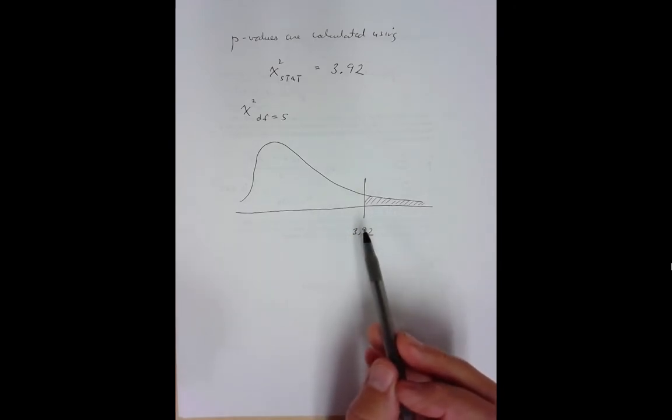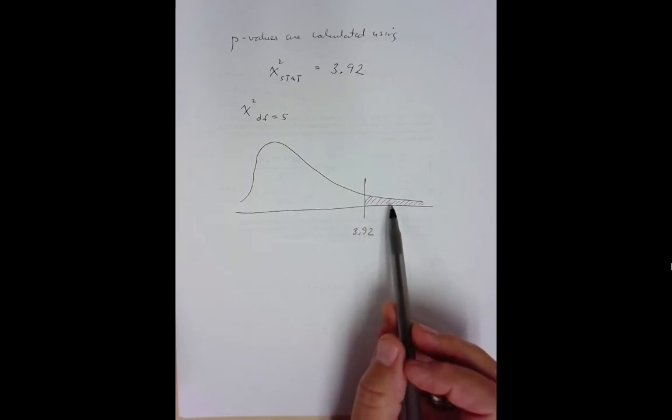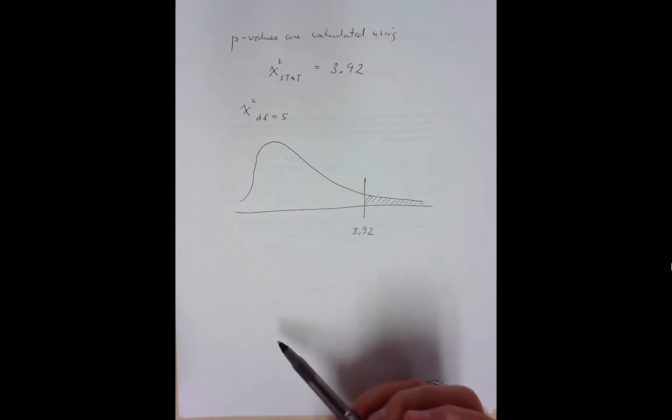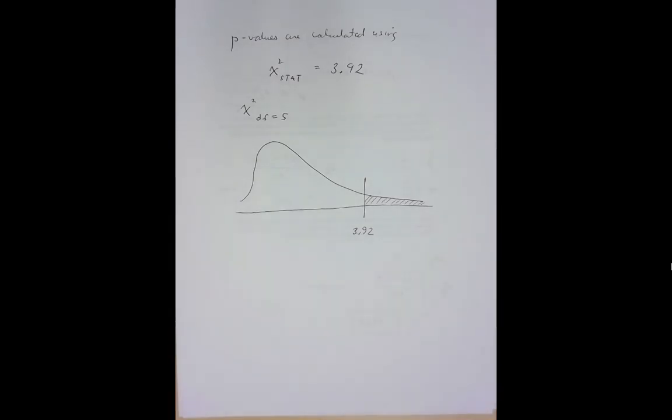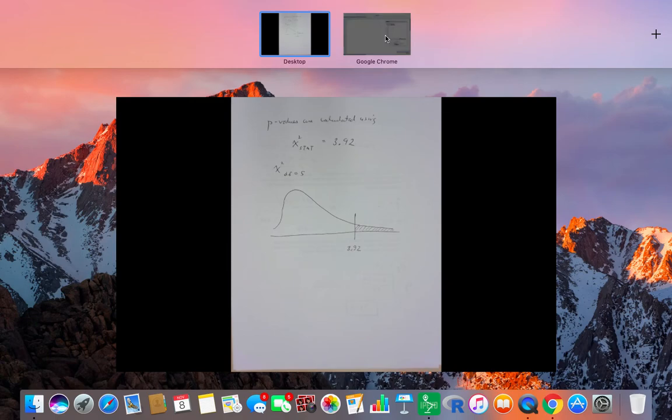So they work kind of in opposite ways. The critical value is a function of this area, where in a p-value, this area is a function of this test statistic.